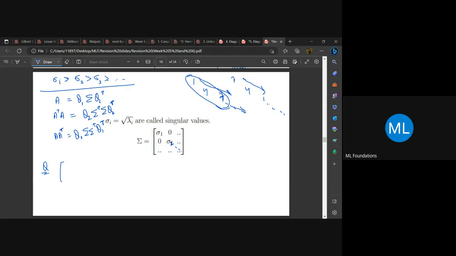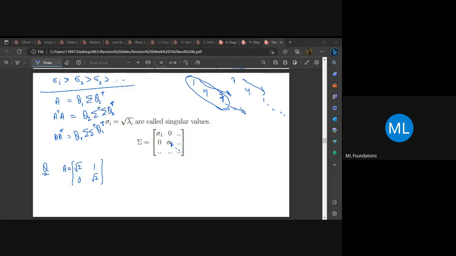Equal root 2, 1, 0, root 2. Actually, the original matrix A, that is a symmetric matrix, is 1, minus 2, minus 2, minus 2.